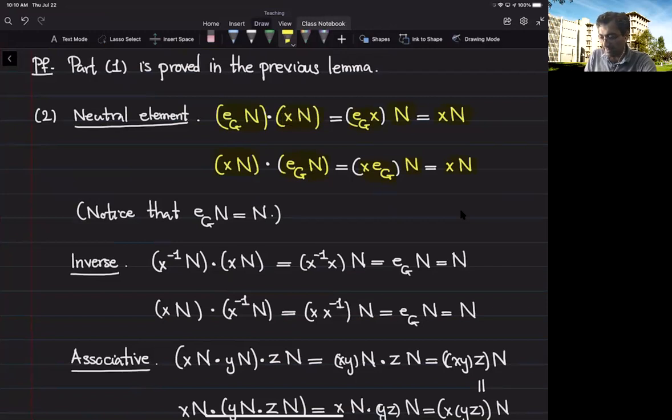So it is clear that this is a neutral element of this operation. And notice that the coset that the neutral element represents is simply N as a set. Therefore, the coset N is the neutral element of the factor group of G by N.